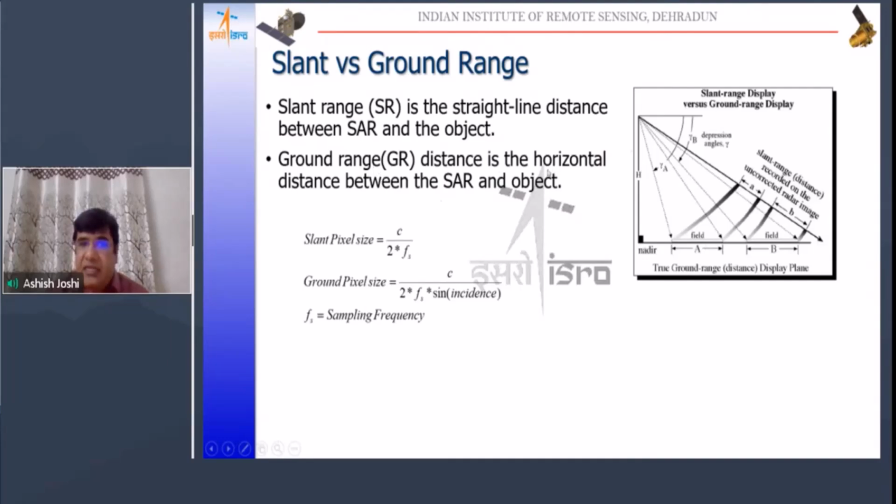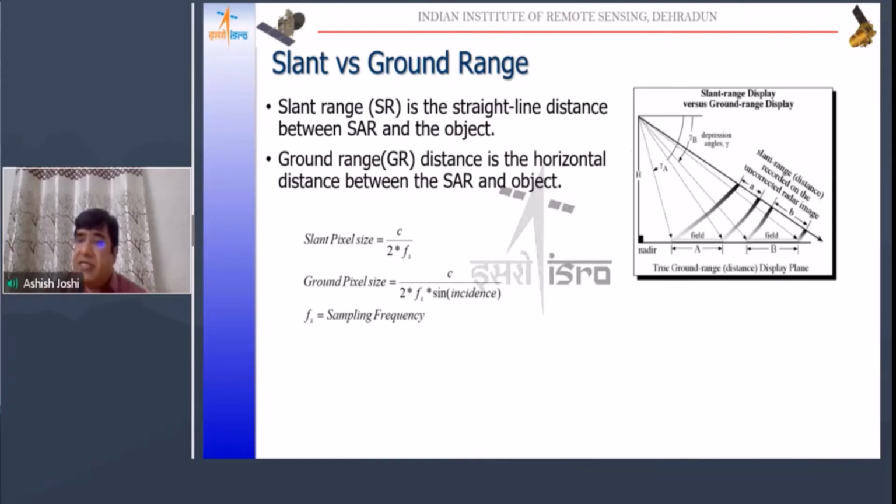The ground range is the horizontal distance between the SAR and the object. All our processing in the level 0 data processing is done in the slant range plane, so the single look complex image or single look detected product we get is in the slant plane.